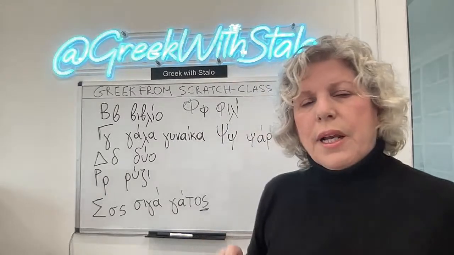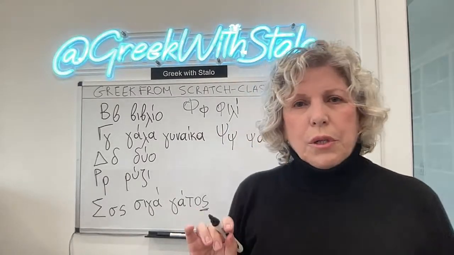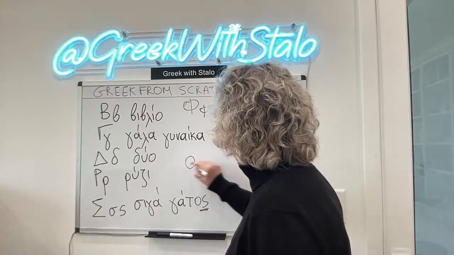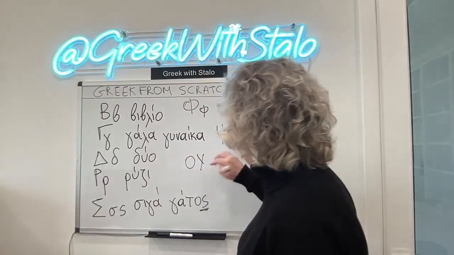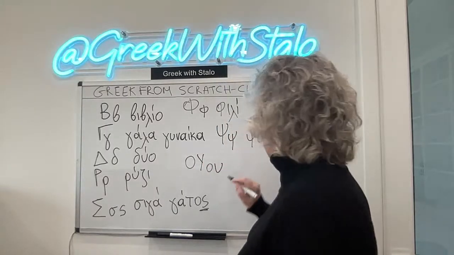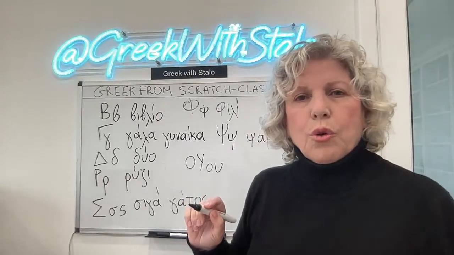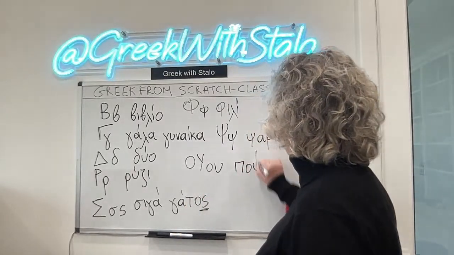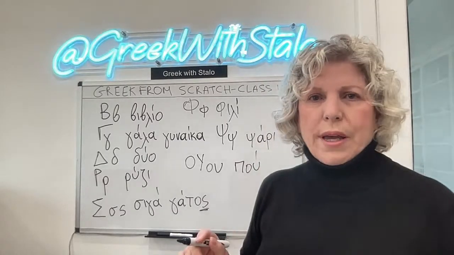and finally we learned one more vowel combination, omicron, epsilon. So omicron, epsilon, makes the sound U. And see? Pu, which means where.